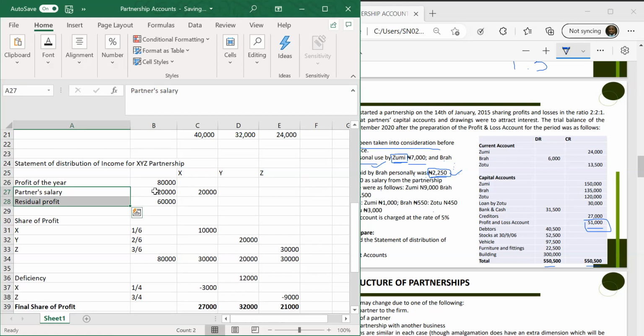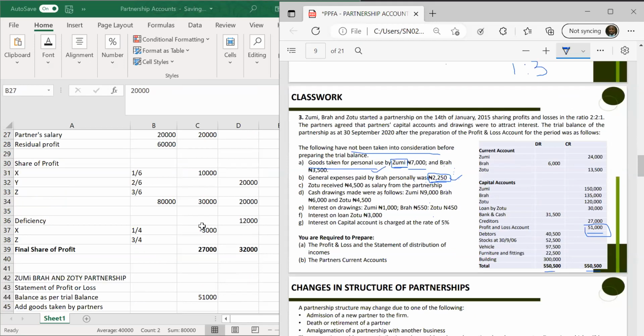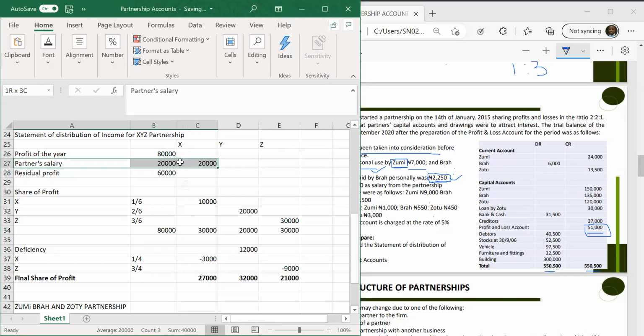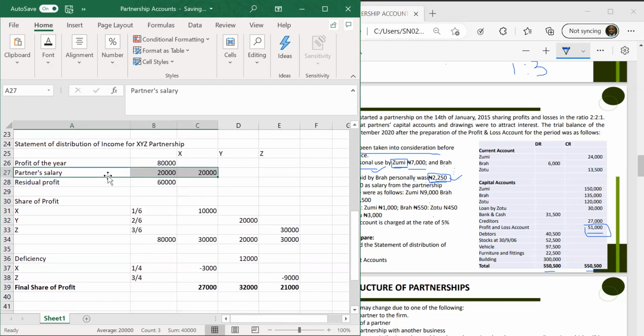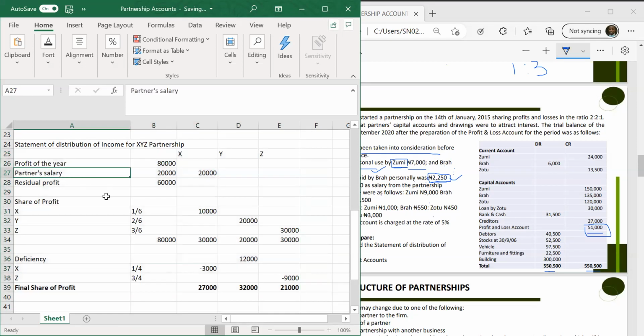We distribute the income. It will not be removed from the profit of the year, but before you distribute the profit for the year to all the others, that is when you remove the partner's salary. And we did that when we were doing this statement of the distribution of income.